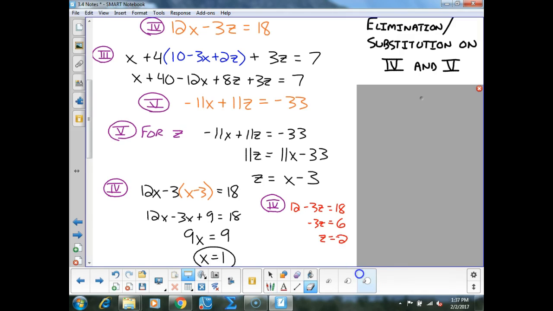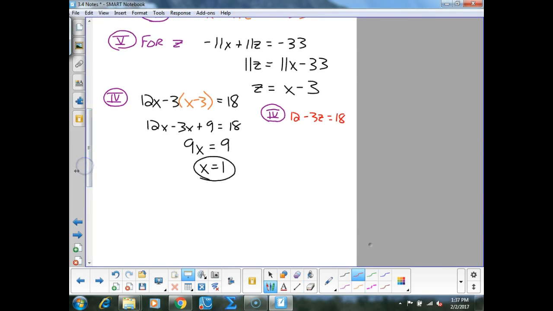Oops, I should make that bigger. So then we get negative 3z equals 6. So z equals negative 2.